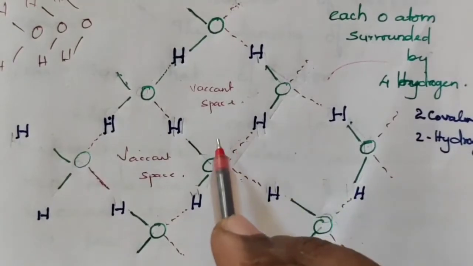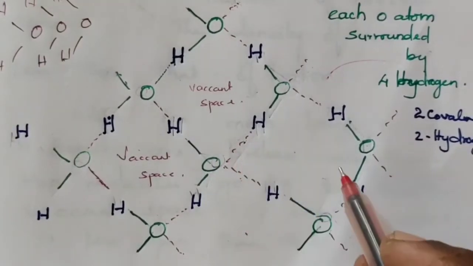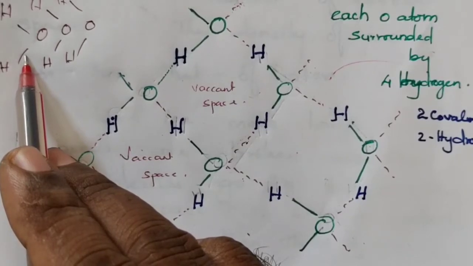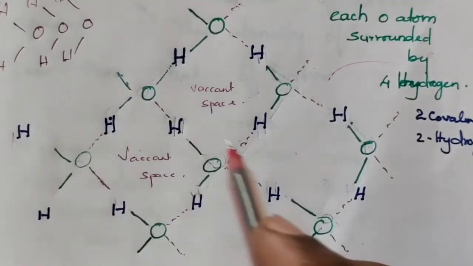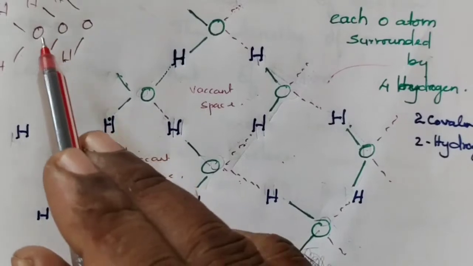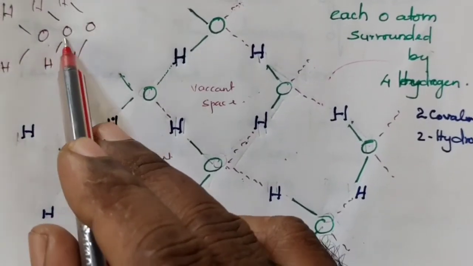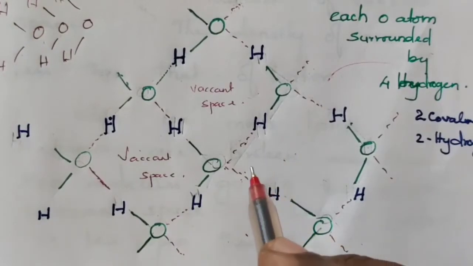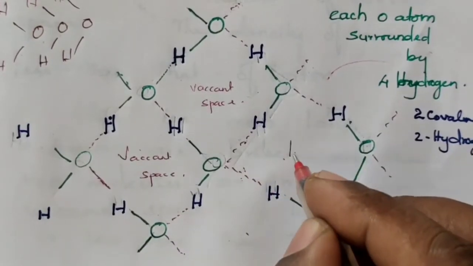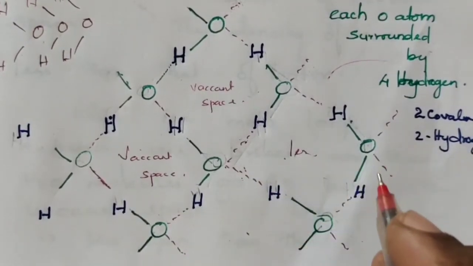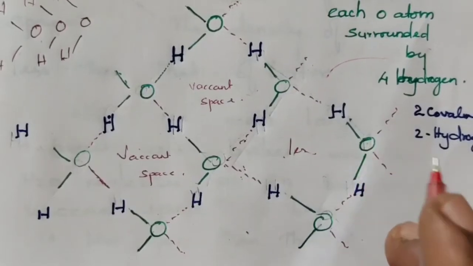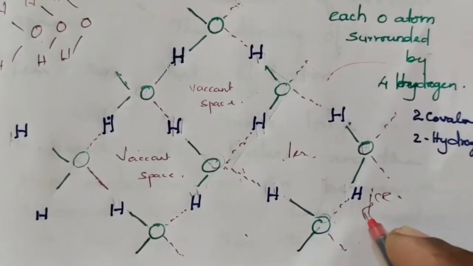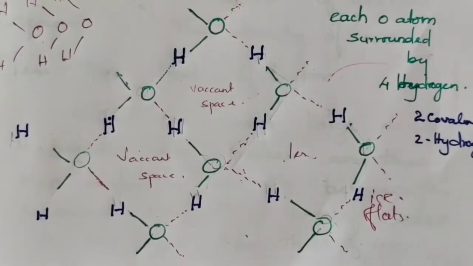Therefore, the structure of ice is somewhat more open than that of liquid water, which has a more closed structure. Hence the density of water is more than that of ice, or ice is less dense than water. Hence, ice floats on water.